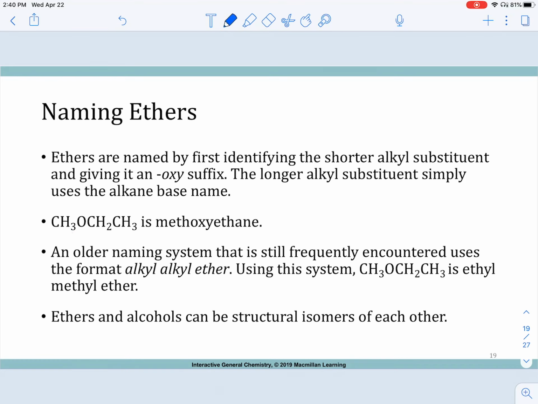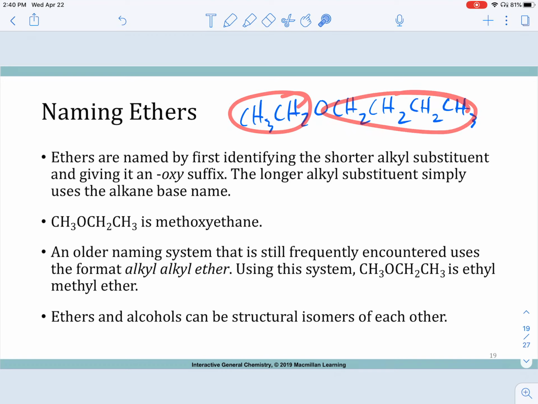If we saw this, whoops, this should be CH2. We should recognize we have an R group here and an R group here, connected to an oxygen.